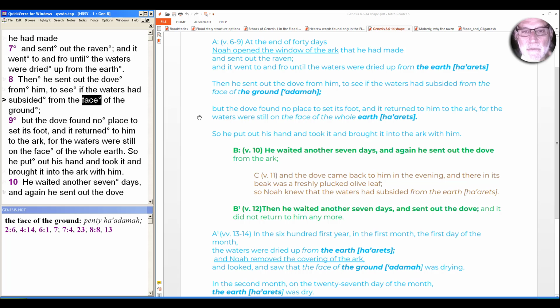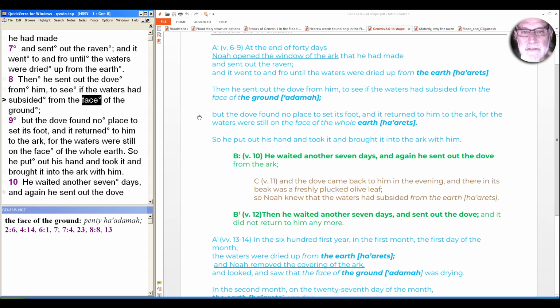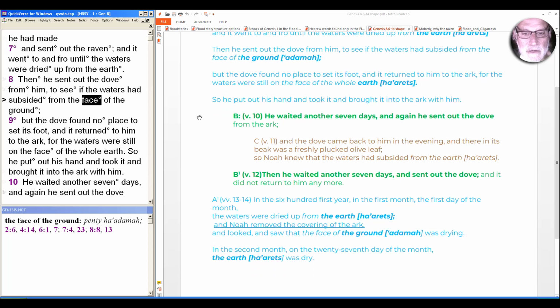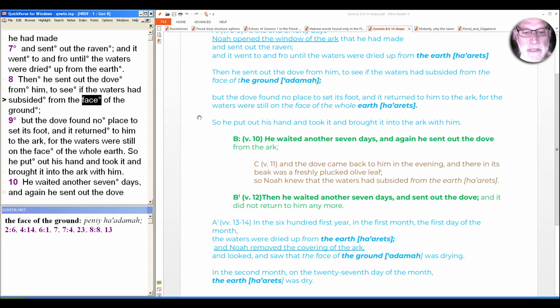And that's one of the things I want to draw attention to, the chiastic shape on the right side here, is that you can see in this A part, there's an alternation of three ways of describing the alternation of the water with something else. The earth or the ground. The earth, ha'eretz, or the ground, ha'adamah here. And notice in the A part, it's ha'eretz, adamah, and ha'eretz in order, and then in the A prime part, the same thing, ha'eretz, adamah, and ha'eretz.